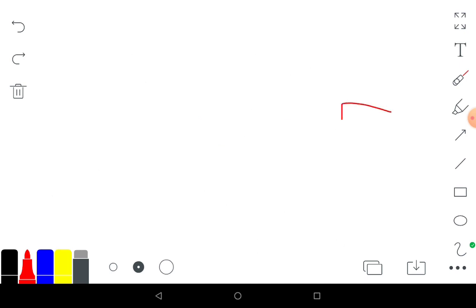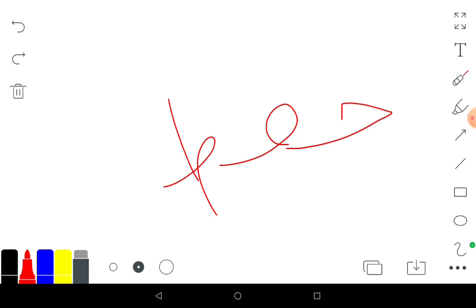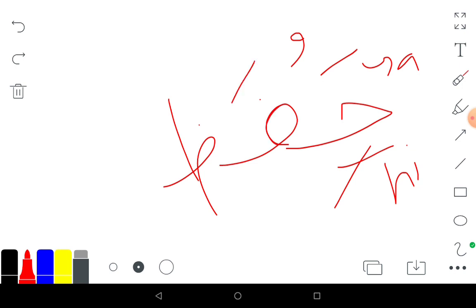Okay, so how about this? Ha, ba, and zo. Okay, this is the letter ha. If I put a fathah, it becomes ha. If I put a kasrah, it becomes hi. If I put a dhamma, it becomes hu. Okay, then I want to put a fathah here. This is a fa.